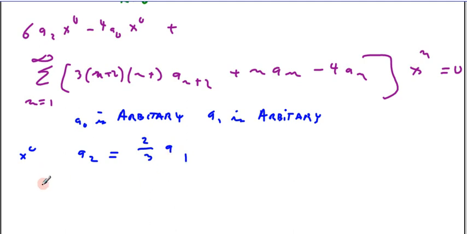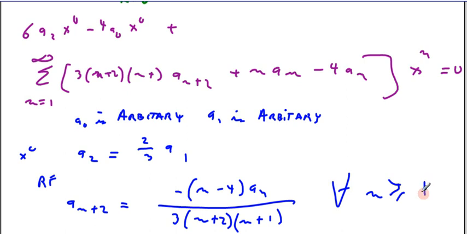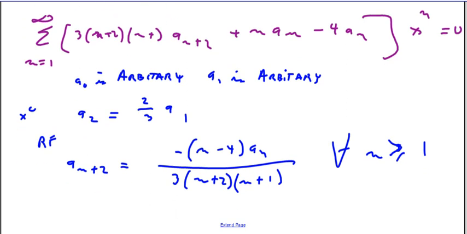Okay, I have a recurrence formula: a_{n+2} equals, now here we have n minus 4, so I'm going to have minus (n minus 4) a_n divided by (3n plus 2)(n plus 1). And that's going to be for all n greater than or equal to 1, because my summation goes from n is equal to 1.